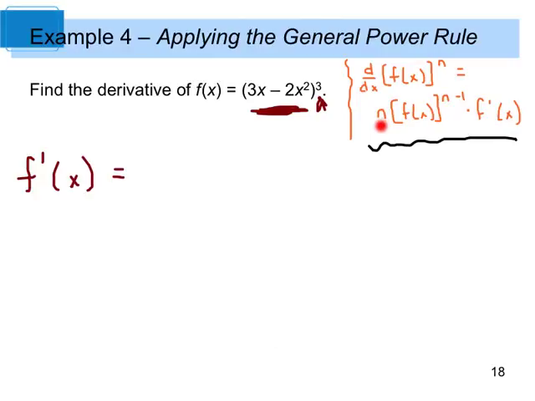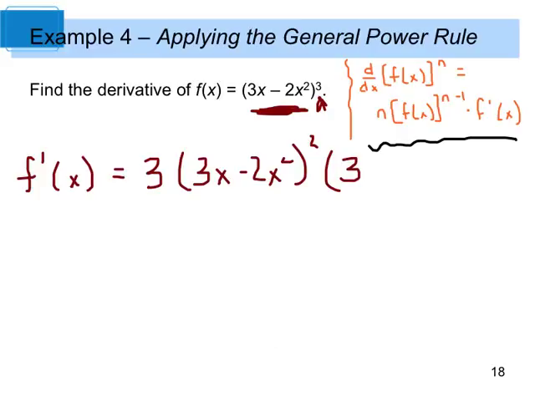It's going to come in front. The power is going to be decreased by 1 from this quantity, and then we're going to multiply by the derivative of that quantity. So we bring down the 3. We have the same quantity to the 1 less power, and then you multiply by the derivative of the quantity, 3 minus 4x.